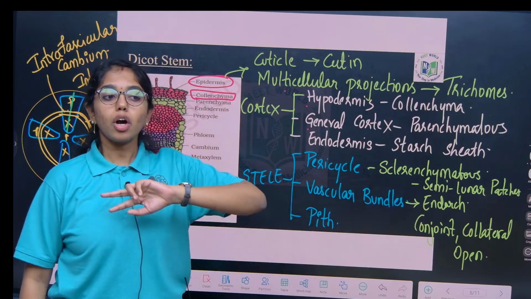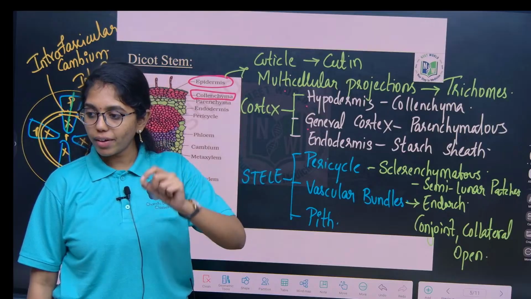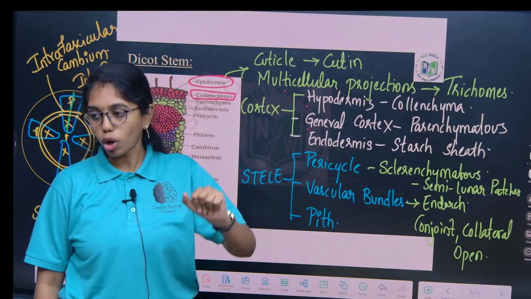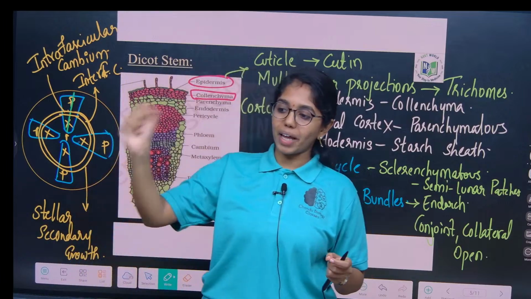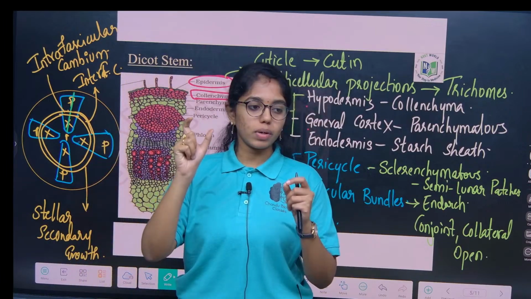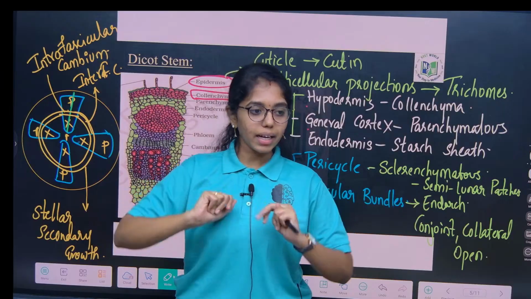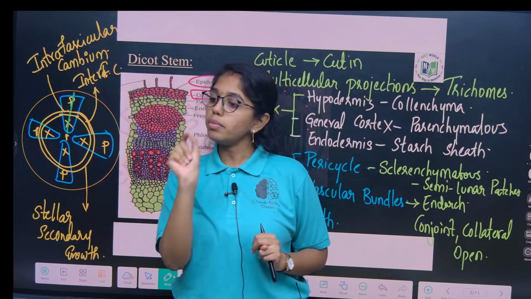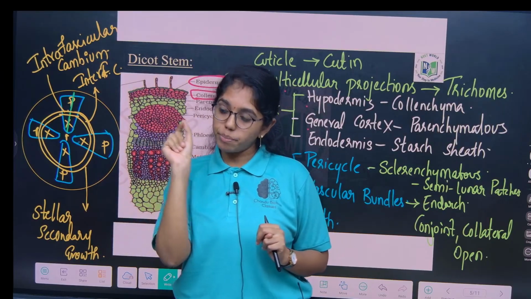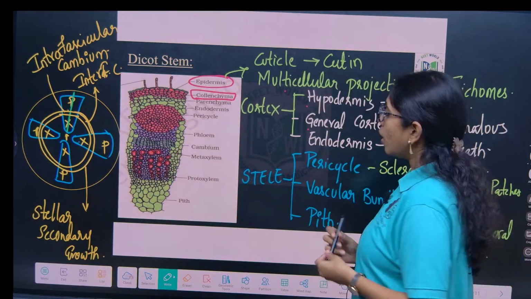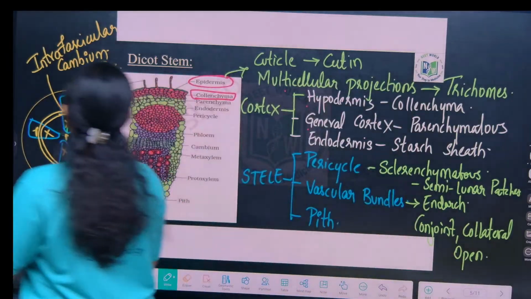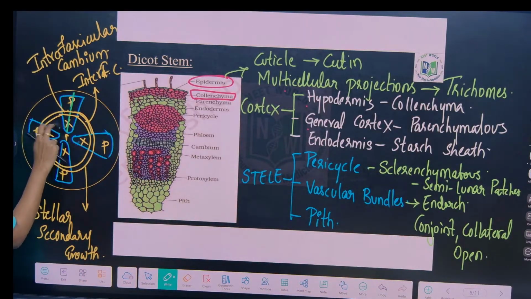So, in contrast to the mode of development in the dicot root and monocot root, you have observed exarch pattern, wherein protoxylem is towards the periphery, metaxylem is towards the center. In stem it is exactly opposite.